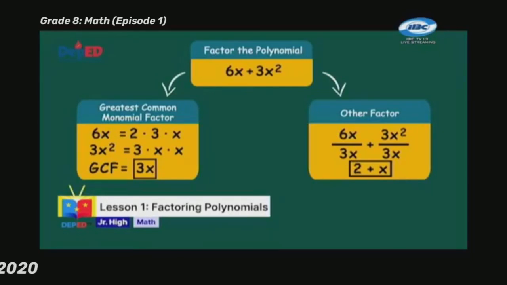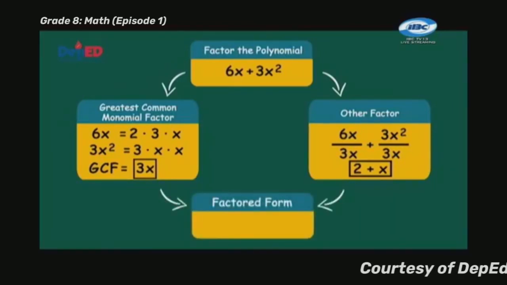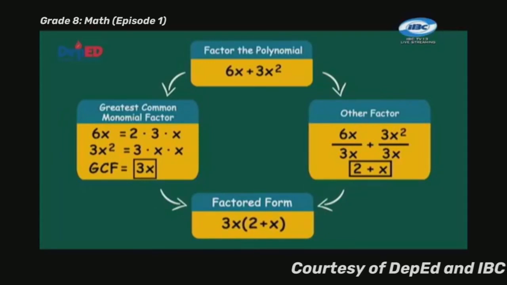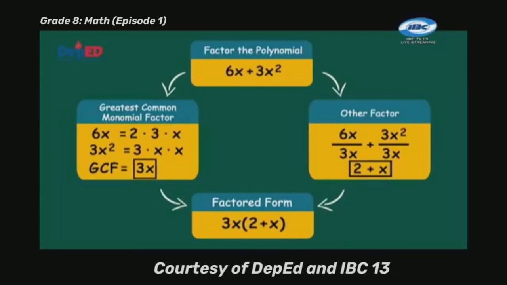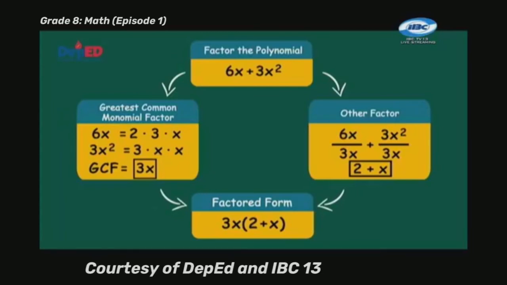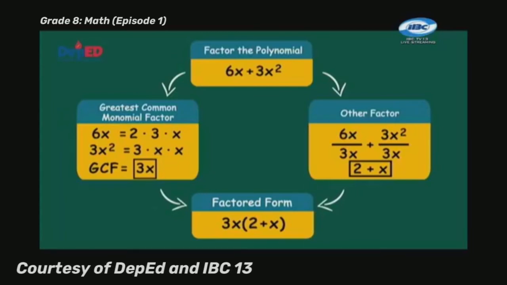Then, what is 3x squared divided by 3x? 3 divided by 3 is 1, and x squared divided by x is just x. Do not forget the signs to complete our polynomial factor. Last step is to write the polynomial in factored form. The polynomial 6x plus 3x squared can be written in factored form as 3x multiplied by the quantity 2 plus x.